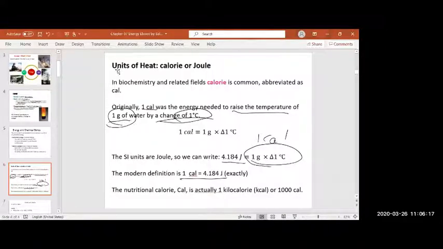Now be careful, we also talked about the nutritional calorie, the capital C Cal, which represents the kilocalorie or 1000 calories.